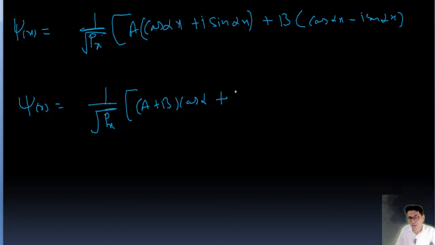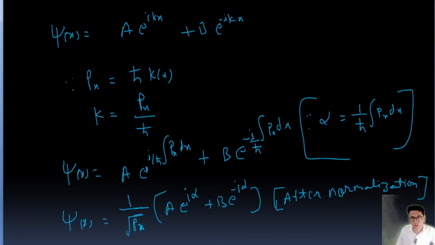We have just simplified it. Here we have made a mistake. This is just cos alpha plus iota sin alpha, and this is cos alpha minus iota sin alpha, because this is e to the power iota alpha.